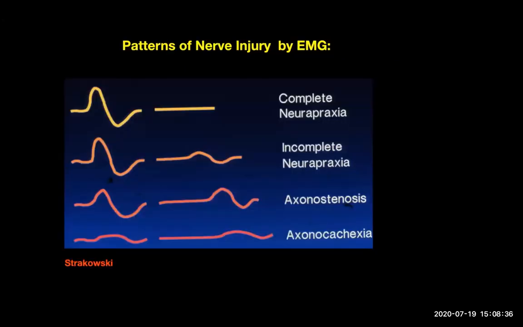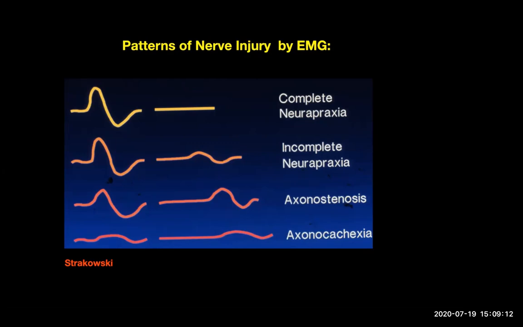So these are the patterns that we see in EMG. These are just diagrammatic, so we would understand exactly how they look. This is a complete neuropraxia, for example. There's no reading, there's no signal beyond the point of a lesion, or it could be an incomplete neuropraxia. There's a conduction block somewhere because of the impingement of a nerve, for example, or there is axonostenosis.